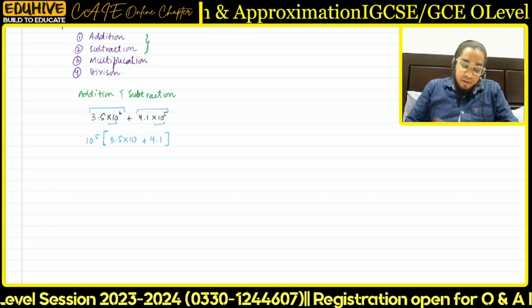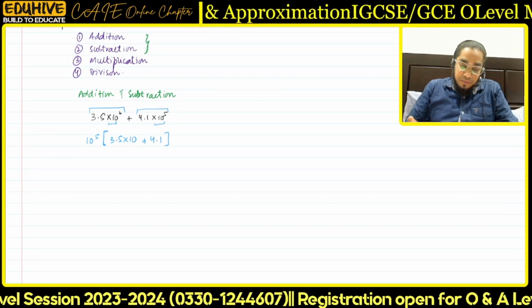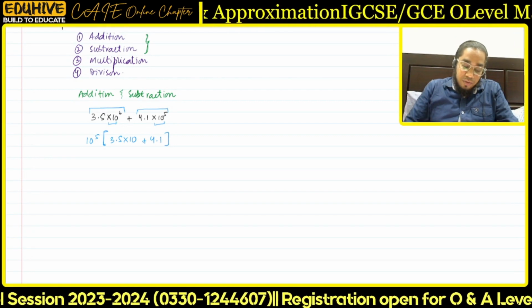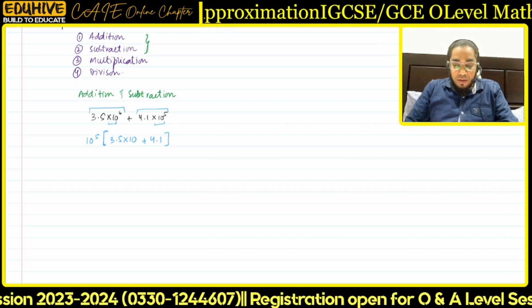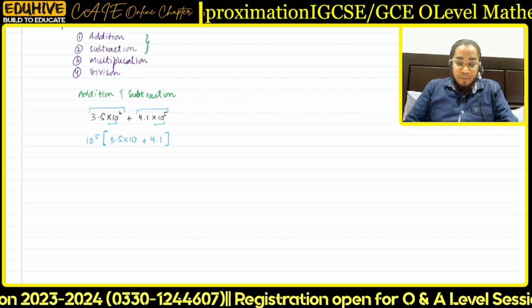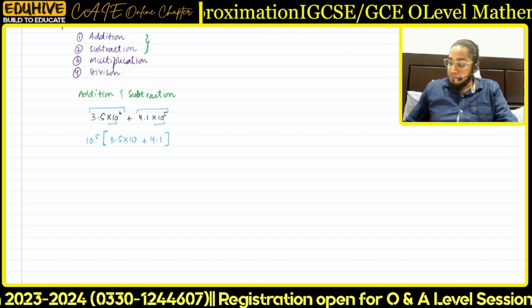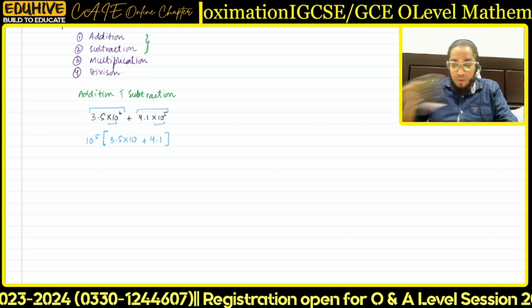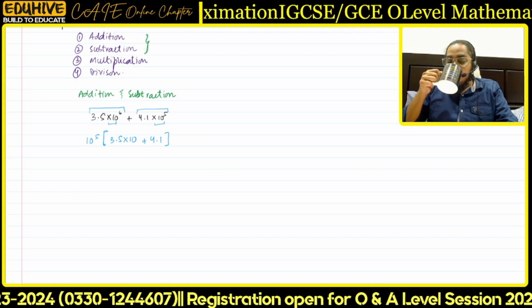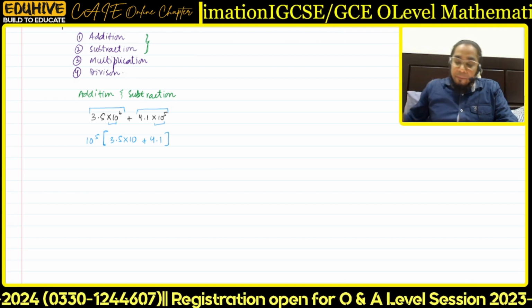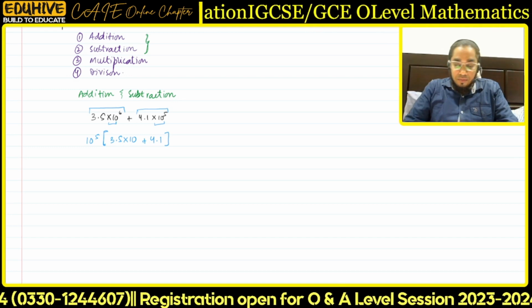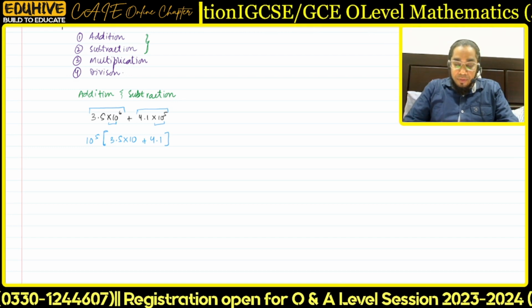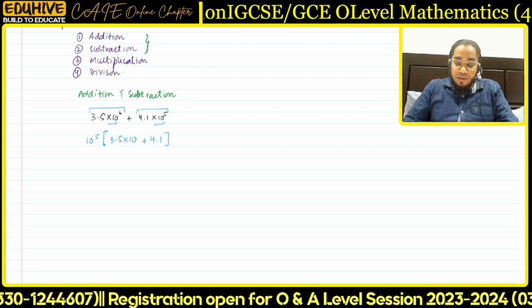So you guys got it? This one? How did I take common 10 to the power 5 outside from the bracket? So you guys got it or not? I did not get all the answers. Yes.